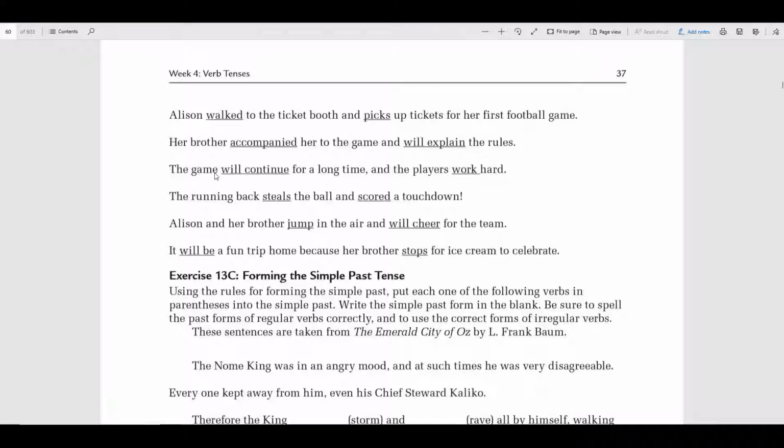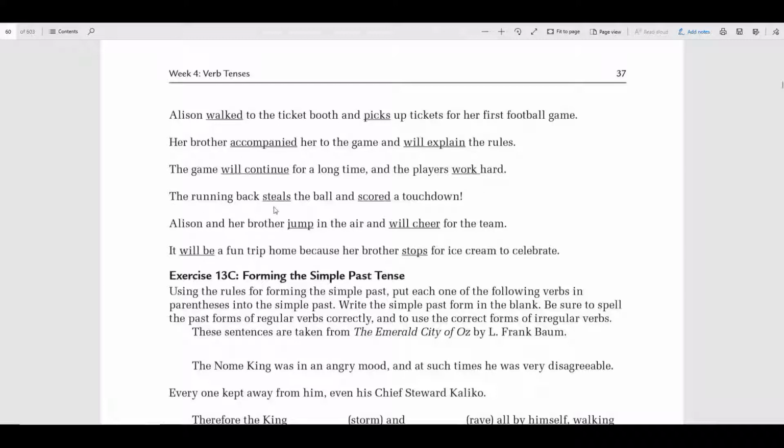Okay, the game will continue for a long time and the players work hard. This is future, this is present tense. So we need to mark this out and make this the same as that, future. The game will continue for a long time and the players will work hard. Okay?